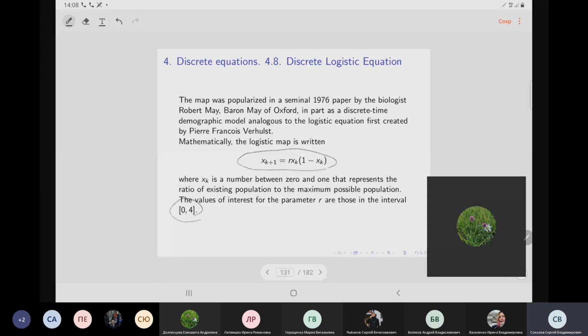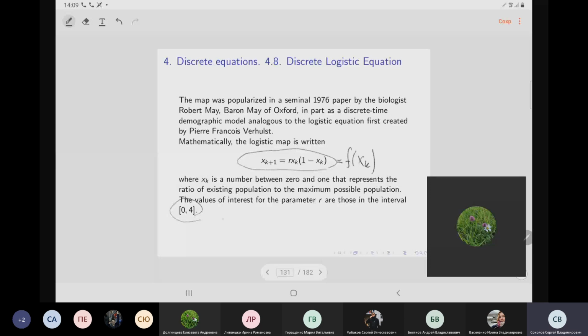We usually consider r as the average number of children in the population, so it's quite natural for animals to have r from 0 to 4. It's okay. So if it is f of x_k, we can analyze it. We can find the equilibriums.